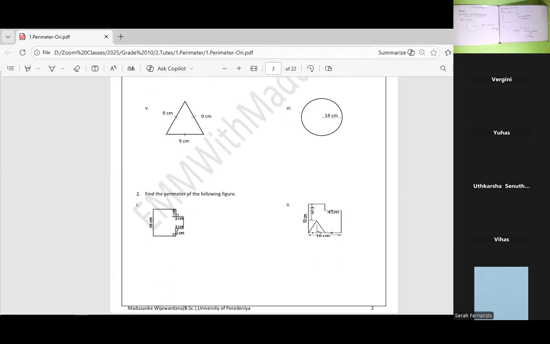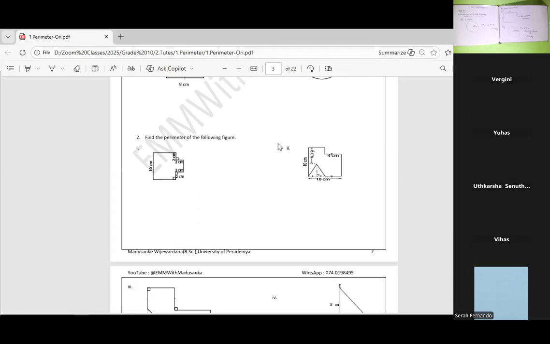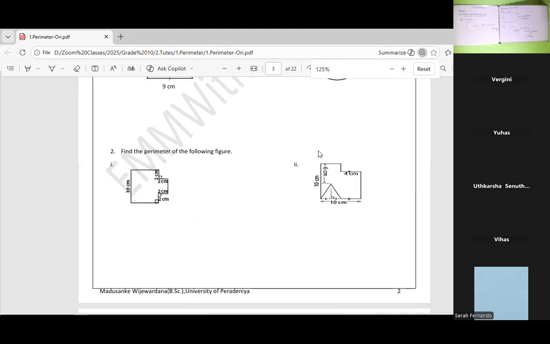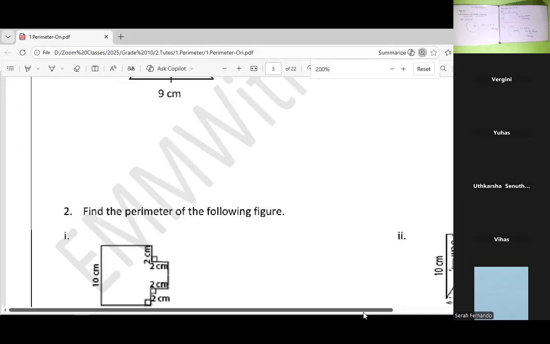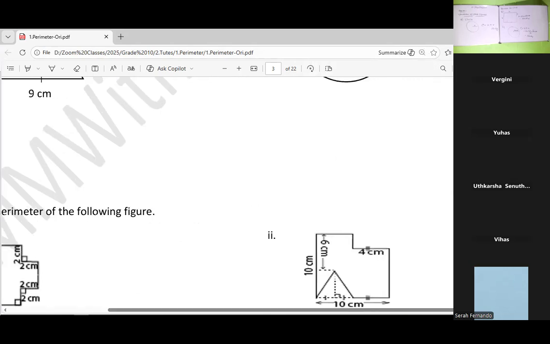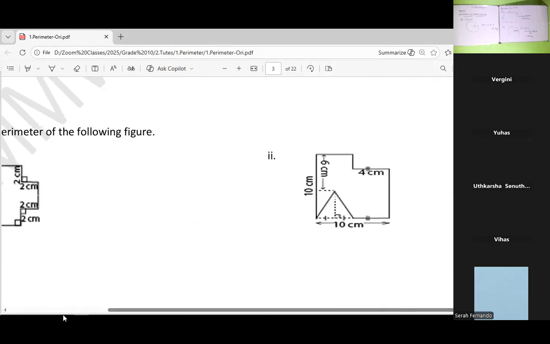Okay guys, so let's move to the second one. Shall we do this? When I make this question, right? These things are not on the internet, so I have made these questions.